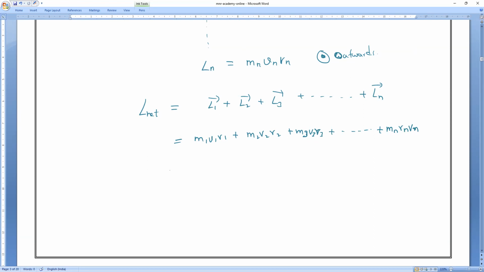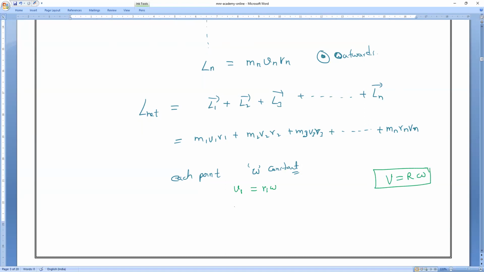Now we all know that for each mass, each point in a rotating body, the angular velocity remains constant. I can say V1 is equal to R1 omega, because we all know that V is equal to R omega.